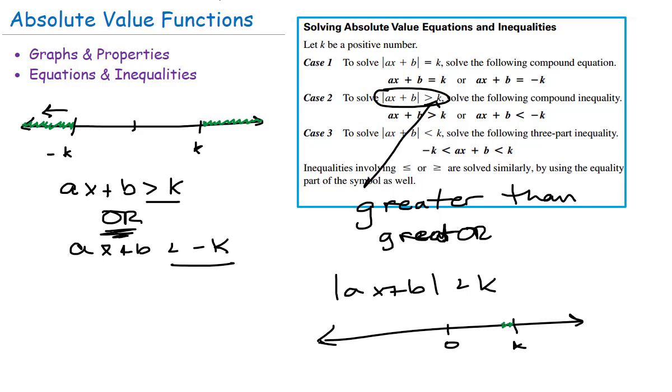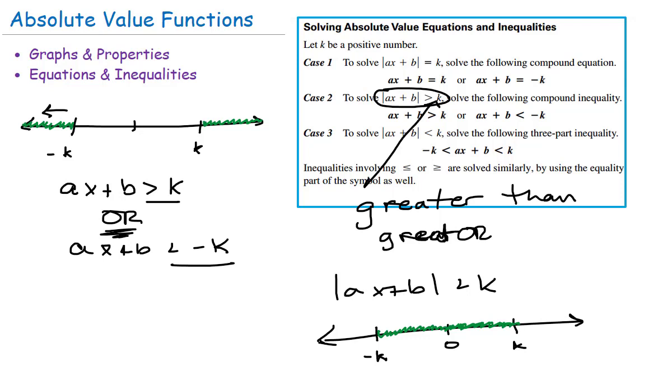So it's smaller than that. So it's less than k away from 0. It's between 0 and k. But it could also be less than k away as far as distance goes in the negative direction. So it could be less than this distance in the negative direction.